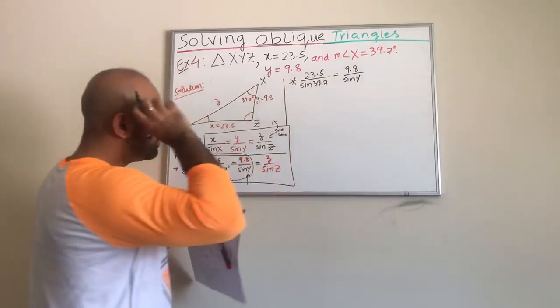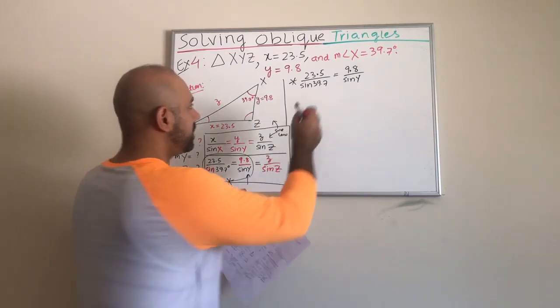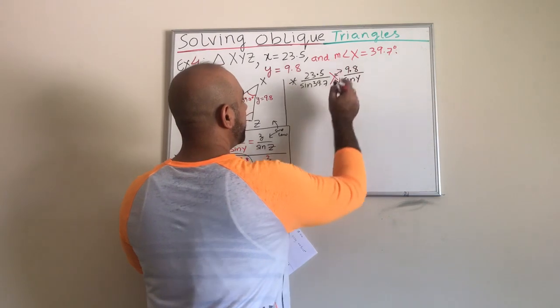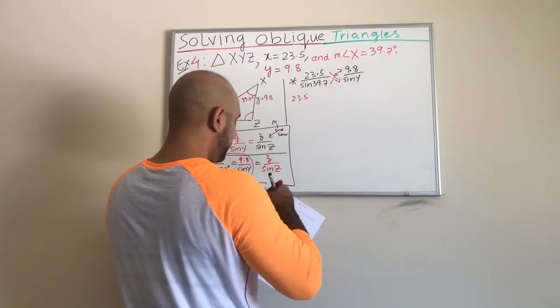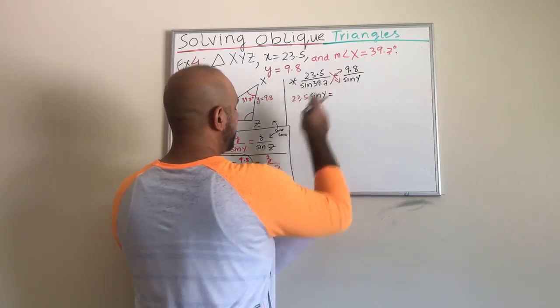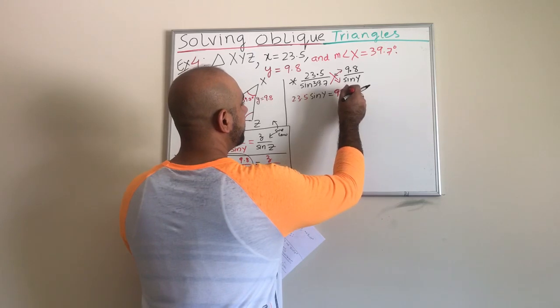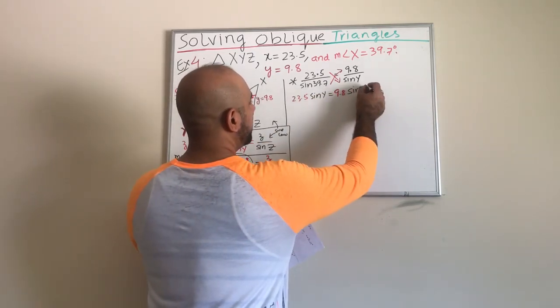In order to find the value for angle y, we have to cross multiply. Once we cross multiply, we get 23.5 times sine of y equals 9.8 times the sine of 39.7.